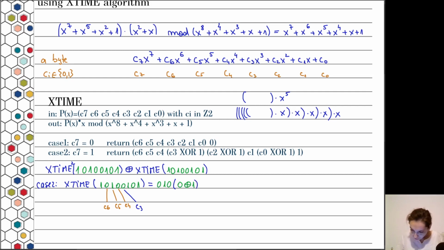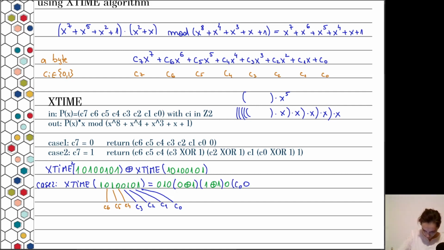Then we will have C2, which is 1, XORed by 1. Then now we have C1. This is C1, so it is just a 0. And in the end we have C0 XORed by 1.